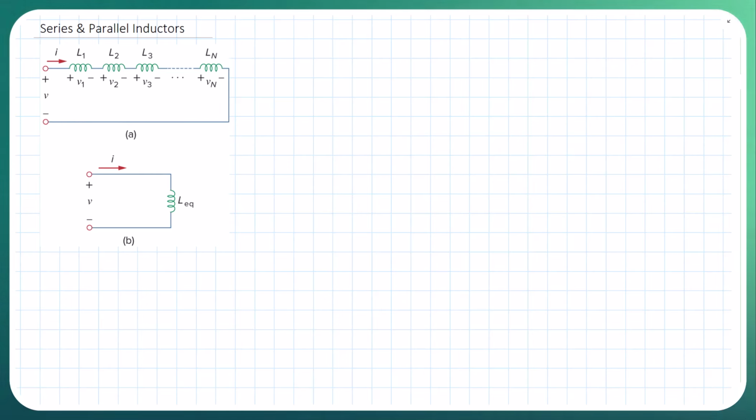Okay, so assuming we have a circuit with a bunch of inductors in series, you've got the voltages across each one of those inductors. We want to determine what our equivalent circuit would be. So what we're going to do is apply Kirchhoff's voltage law, KVL, to the loop.